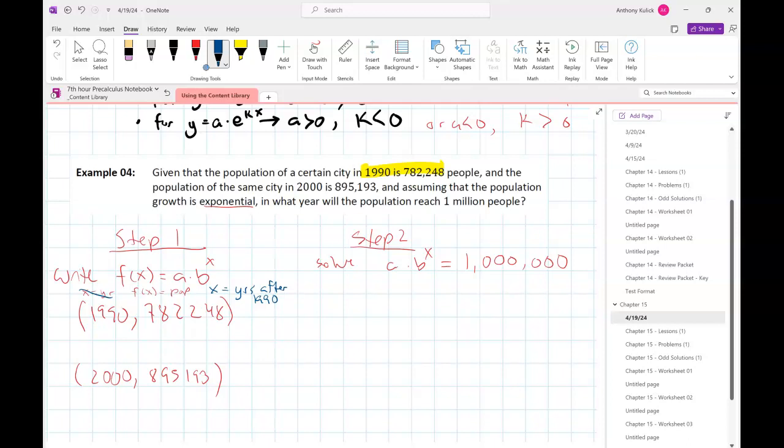If I do that, what does the x coordinate become for the first point? 0, right? 1990 is 0 years after 1990. What does 2000 become? 10.